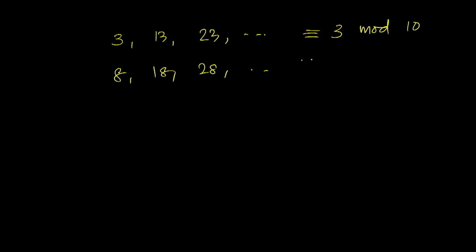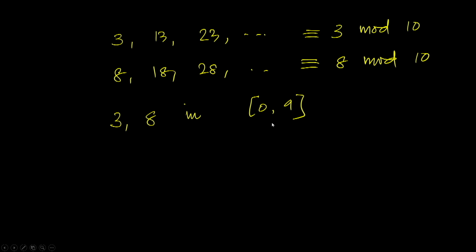But then 3, 13, 23, these are all congruent to 3 mod 10. Similarly, 8, 18, 28, these are all congruent to 8 mod 10. Therefore, we do not consider them distinct solutions. We say that we have only 2 solutions in 0 to 9. That is, we have only 2 solutions modulo 10 for this congruence.